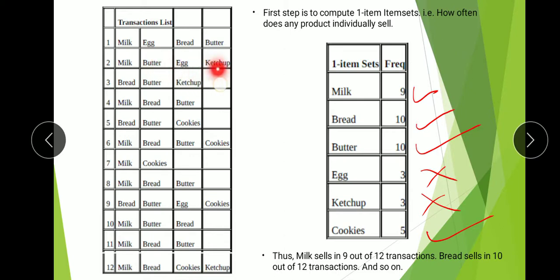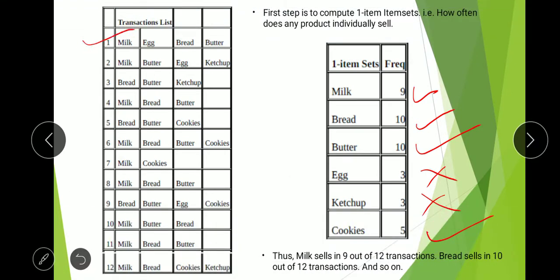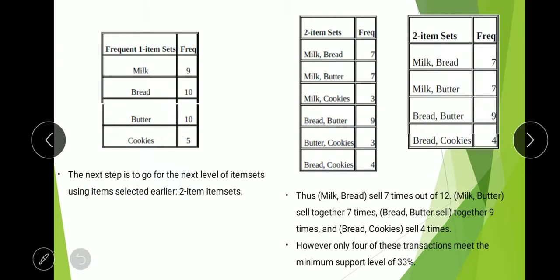In the second transaction we don't have bread. Third also we don't have. Fourth, yes, milk and bread. So 1, 2, milk and bread 3, 4, yes, 5, 6, 7. So 7 times milk and bread are bought together.